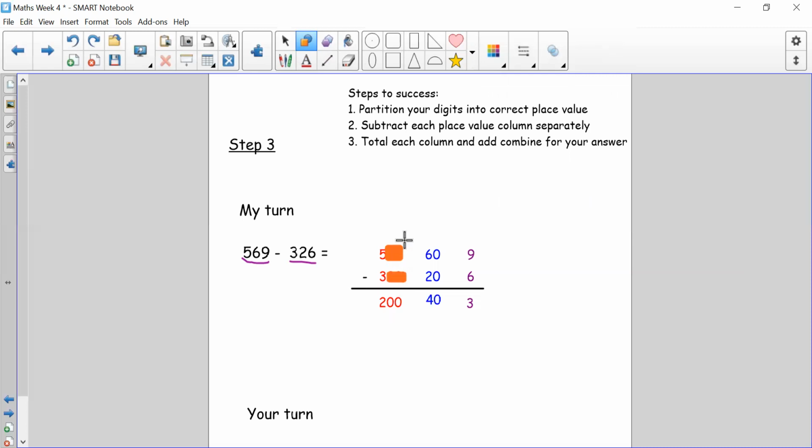So 500 take away 300 is going to be 200. Okay, so if you need to cover up your zeros to work it out, you can do.